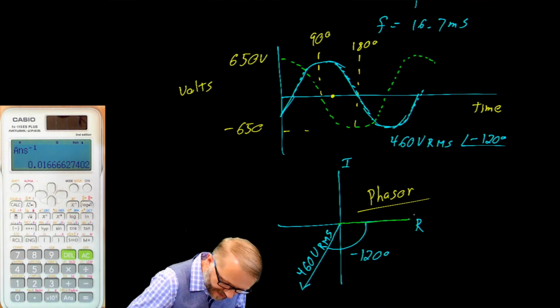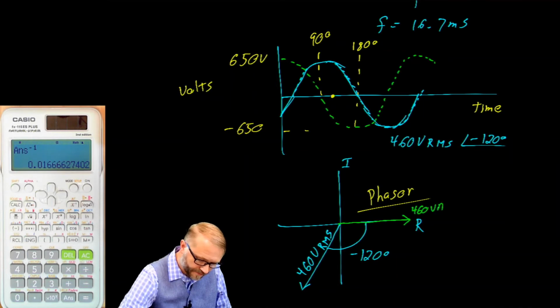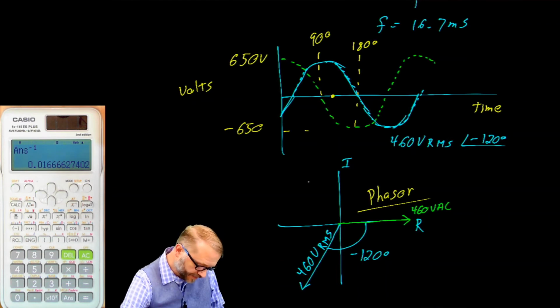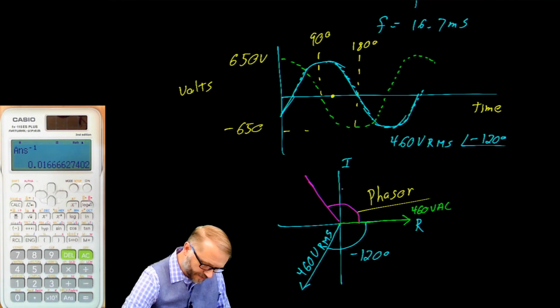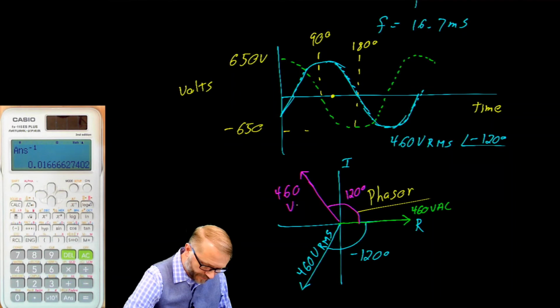Suppose I had a vector there, which I've already drawn in, that's the green one, and it had a phase angle of 0 and a length of 460 volts AC. And now let's add one more vector. Let's put it right here, and we'll set that to 120 degrees, again with a length of 460, and that's volts RMS.